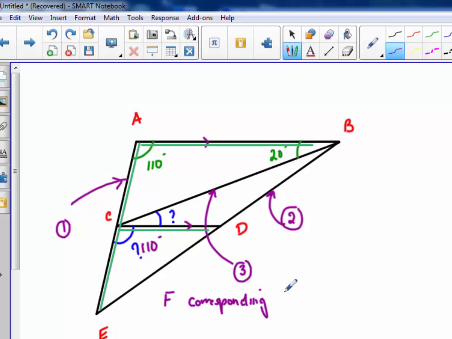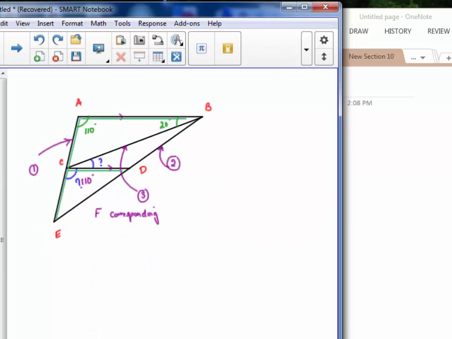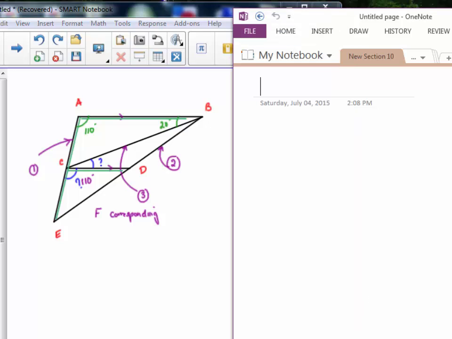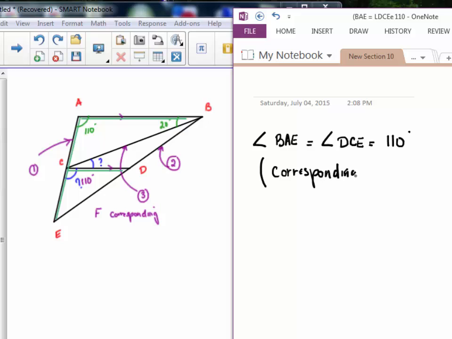So, as you can see, I can go now on the answer sheet and I can say angle BAE equal to angle DCE equal to 110 degrees, and the reason between brackets: they are corresponding angles.